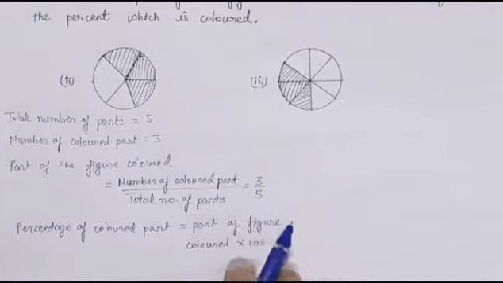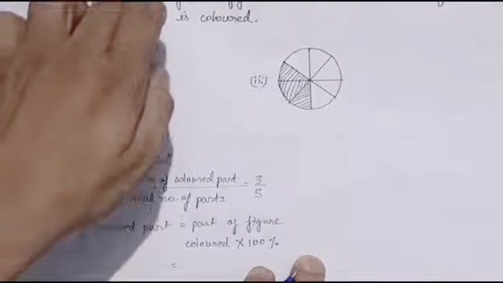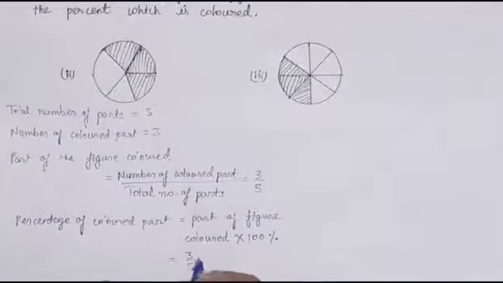So part of figure colored is 3 by 5. So we can write 3 by 5 into 100%.